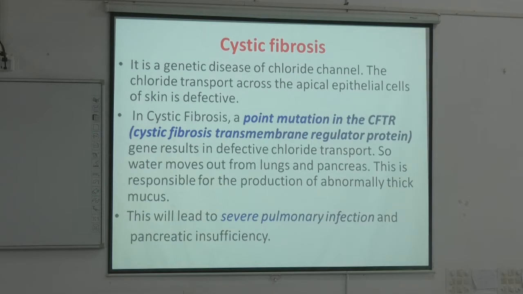Understood or not? This is very important. Cystic fibrosis is a short note, 5 marks question. Which gene is responsible for cystic fibrosis? The CFTR gene, the cystic fibrosis transmembrane regulator protein gene.